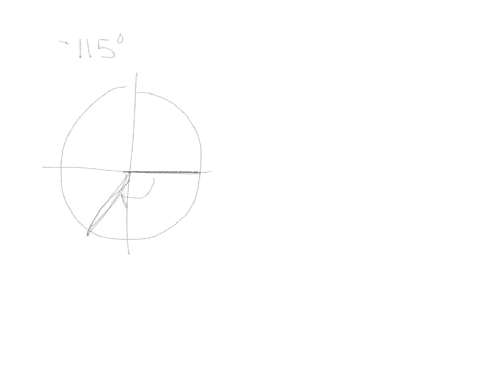That would be the negative 115. From the end point of that terminal side, which is that green dot, we draw it perpendicular to the x-axis, creating our triangle. So you can see what the triangle looks like.